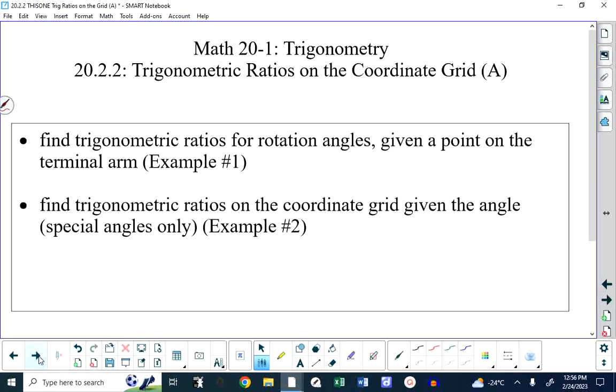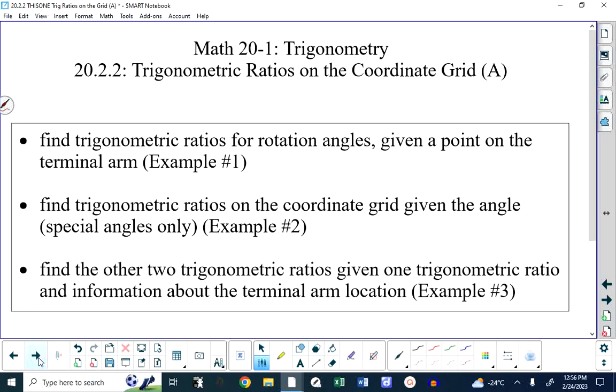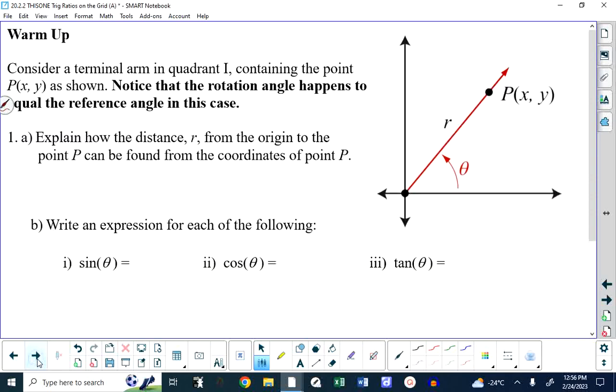And if we know the angle and it's a special angle, one of those angles we talked about yesterday, we need to know how to find the exact values of the trigonometric ratios, not just for 30, 60, and 45, but for any of them on the grid that are special angles, like 225 degrees is a special angle. 330 degrees is a special angle. And then also, if I give you one trigonometric ratio, you have to be able to find the other two. So we're going to have to learn some new ideas here.